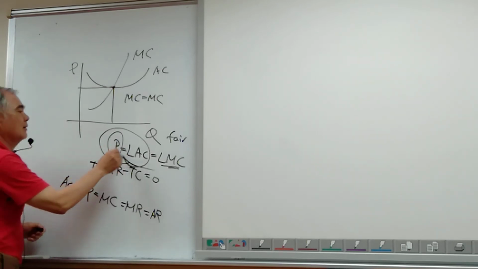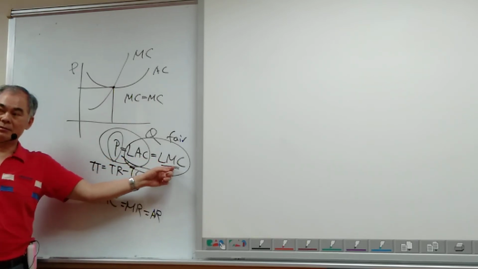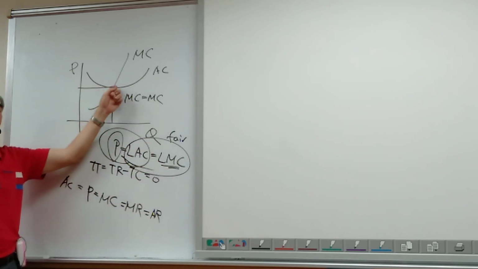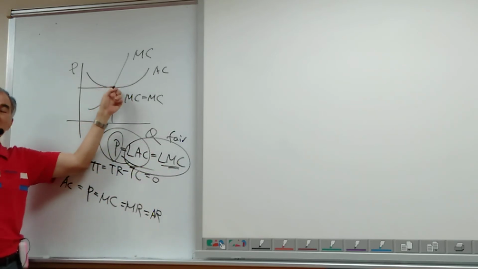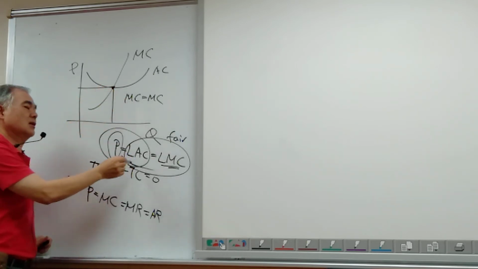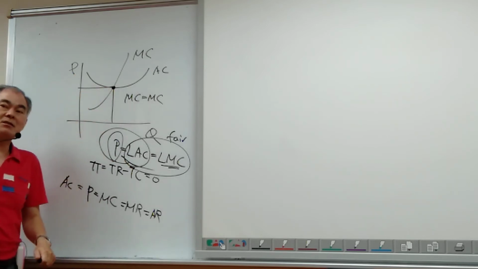And for AC and MC, average cost and marginal cost intersect at the point that is the most efficient production level, because at this point, average cost is the lowest.